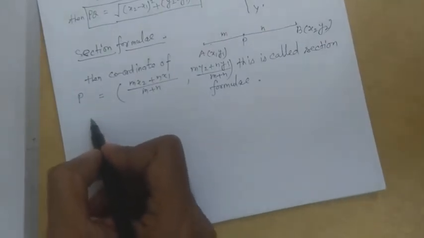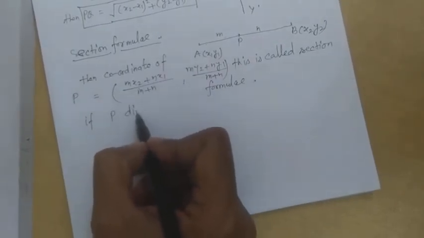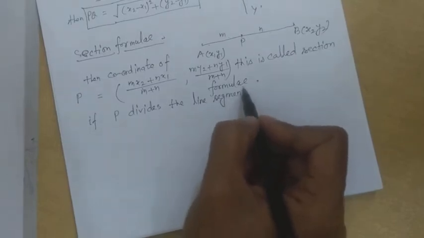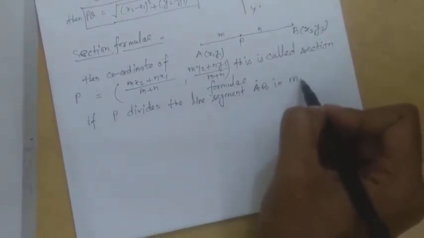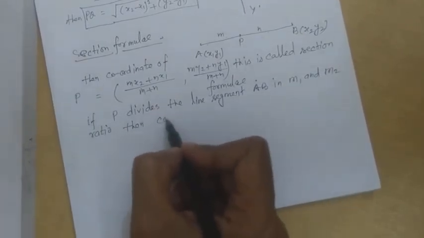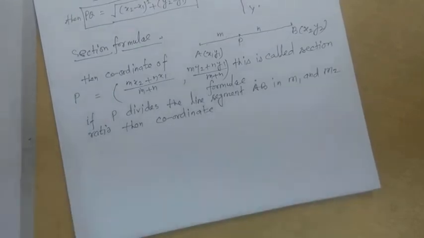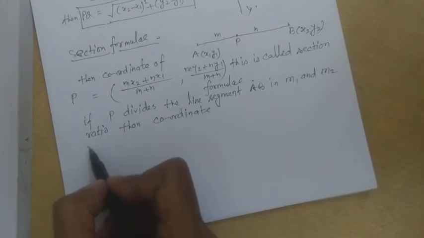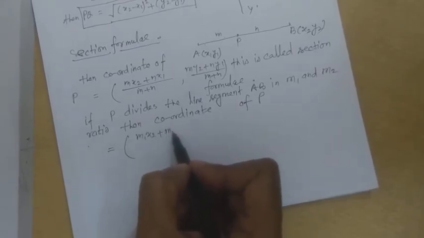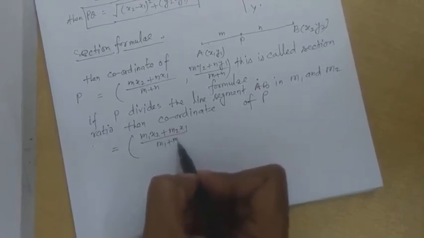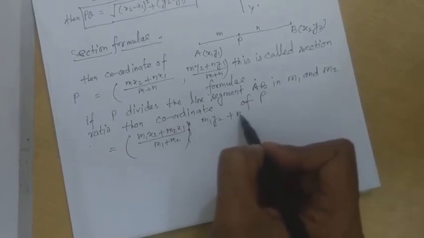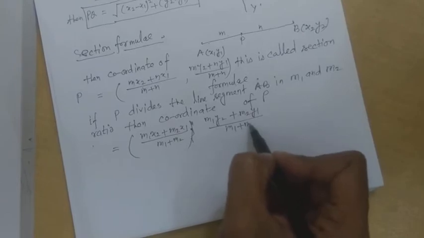So if P divides the line segment AB in the ratio m1 and m2, then the coordinates of P will be equal to (m1 x2 plus m2 x1) upon (m1 plus m2) and (m1 y2 plus m2 y1) upon (m1 plus m2).